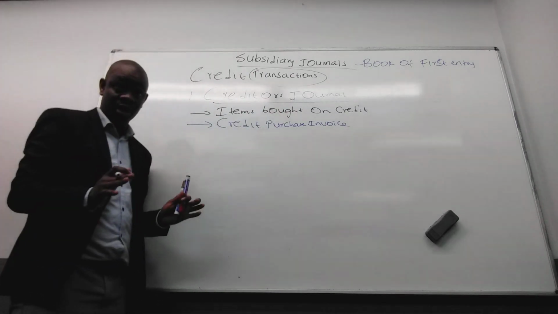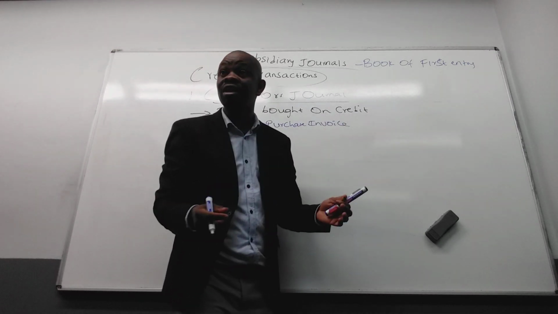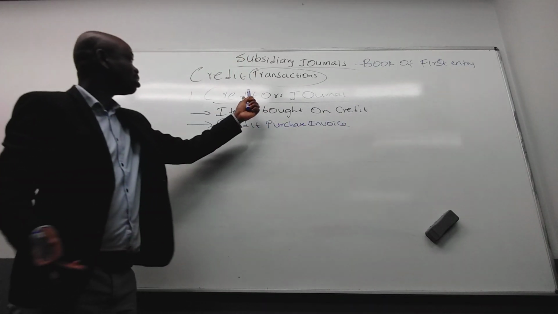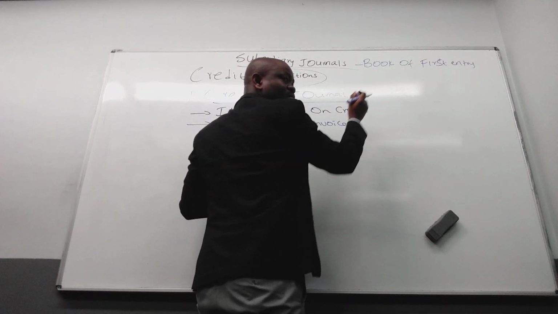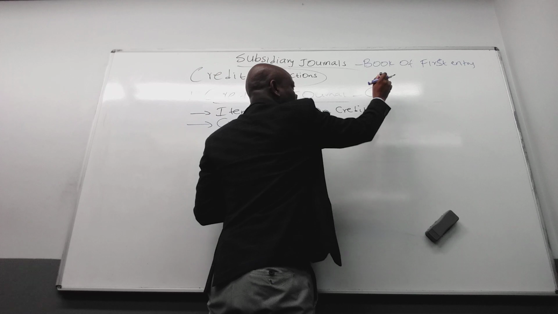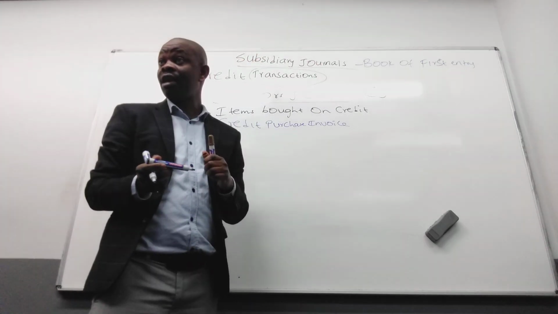Even if you say credit invoice, it's okay, but people can be confused. The fact that you're going to tell me whether it's duplicate or original, we'll know whether it's under what? Creditors journal or not. Please give me the abbreviation there. CJ. Not CJB. CJ. Okay?